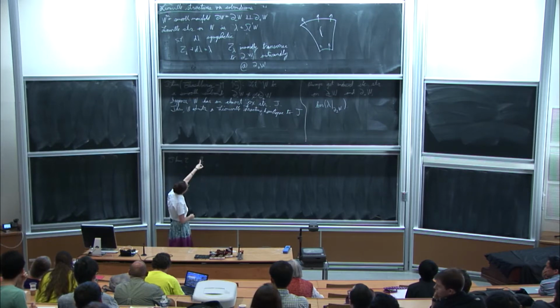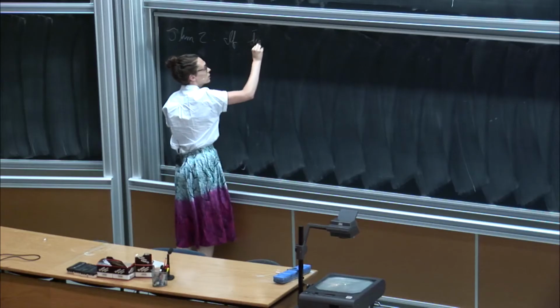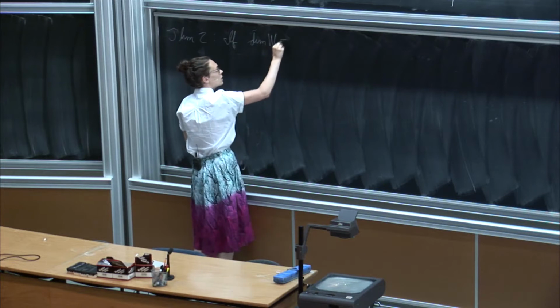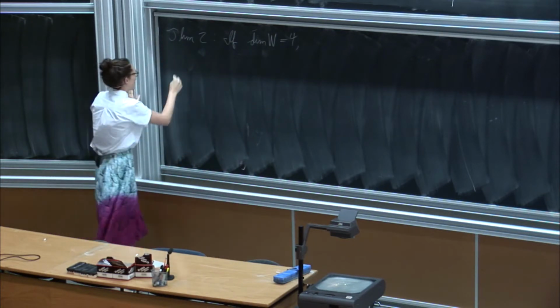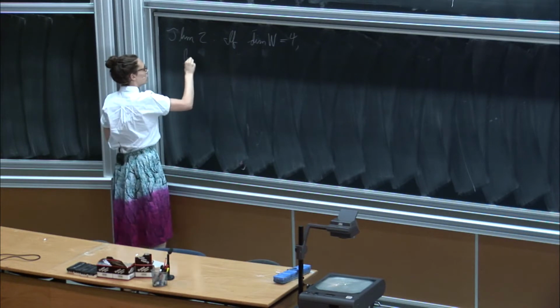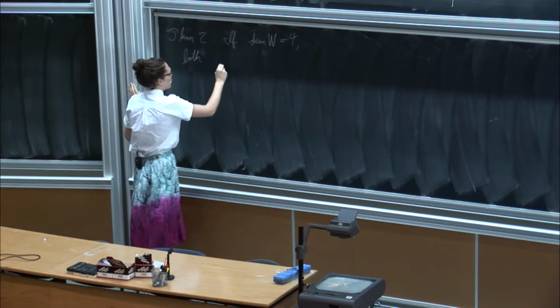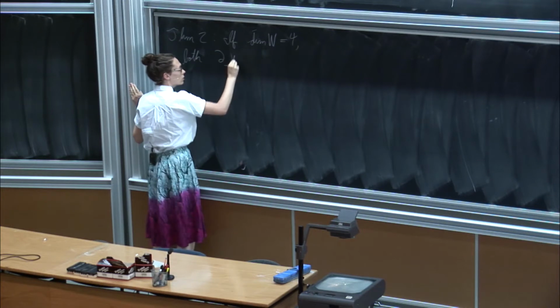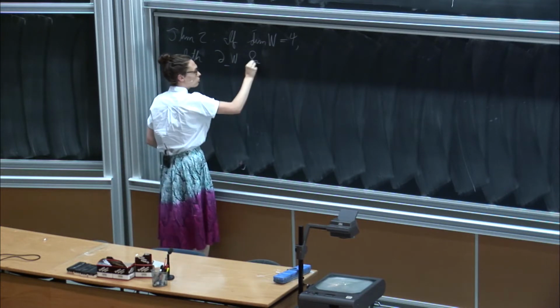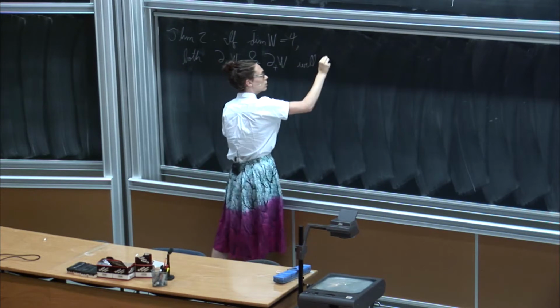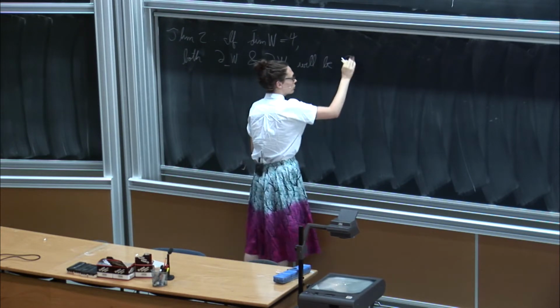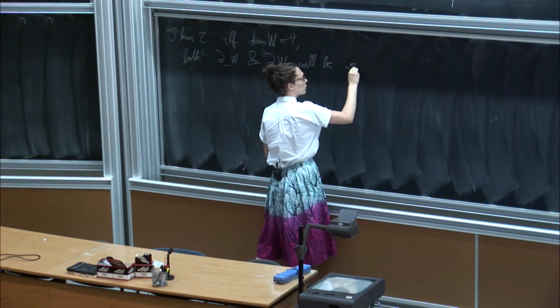If the dimension of W is equal to 4, then in fact both boundaries will be overtwisted.